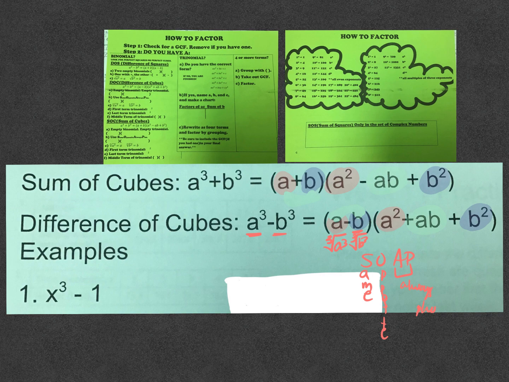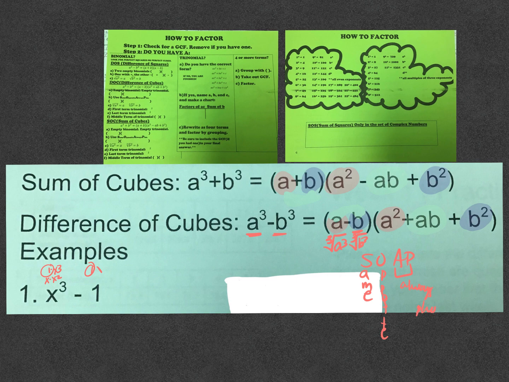Okay, so let me put that into action so you can see what that looks like. Looking at number 1, x cubed minus 1. Do I have a greatest common factor? No. There's not a common factor besides 1, and you don't factor out 1. Is this a binomial, a trinomial, or 4 or more terms?